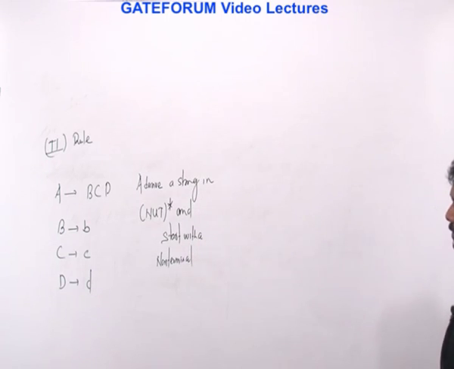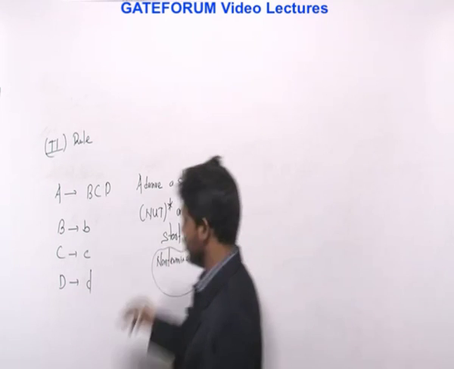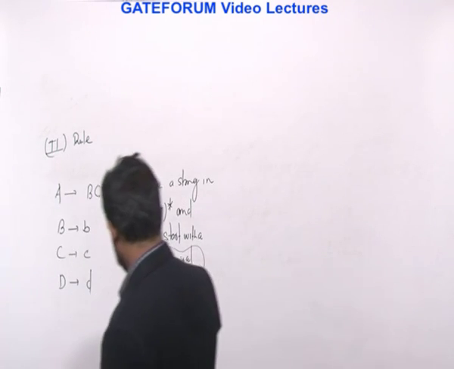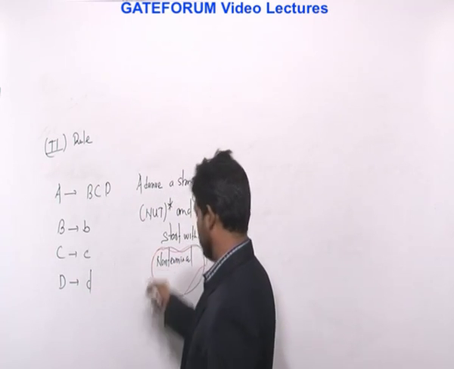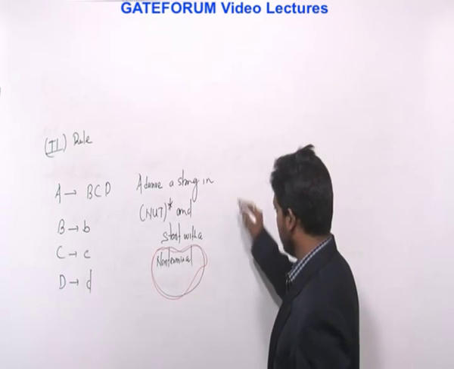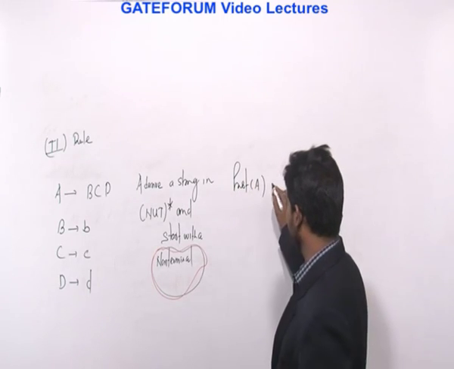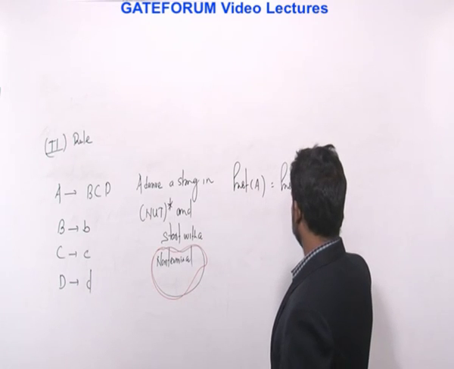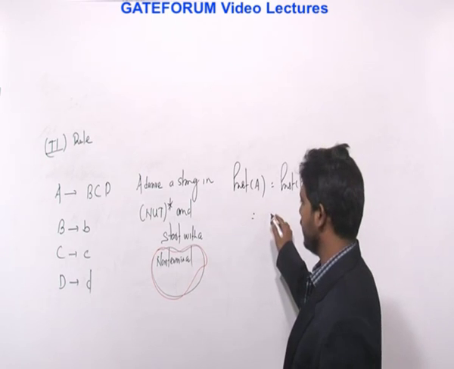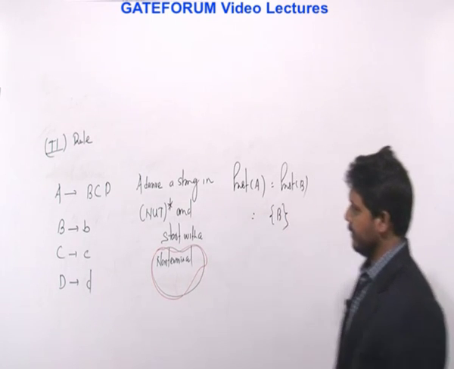Okay, so what will you do? First of A, again I have to do. If it starts with a non-terminal, concentrate on this part. Then first of A is equal to first of that non-terminal, that is B. And in this case I will write the answer as capital B. Okay, second rule.